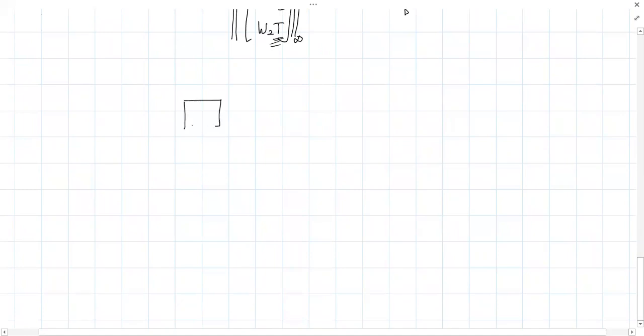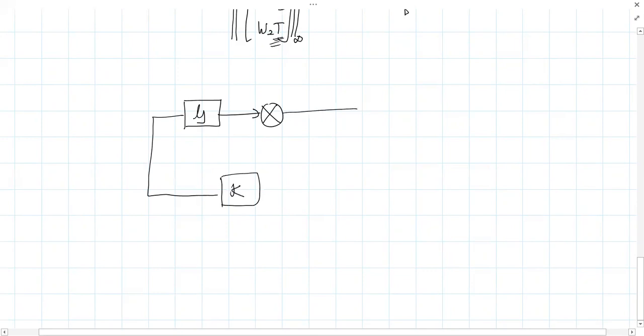Again, the same old G. We have a summing point here. This is the controller. Output Y. This is U. So you tell me, where will we draw the regulated outputs from?